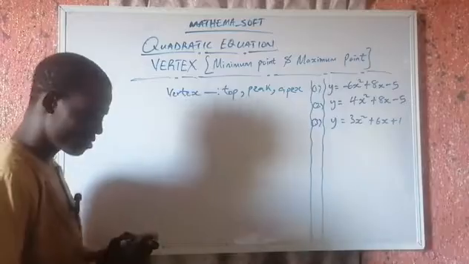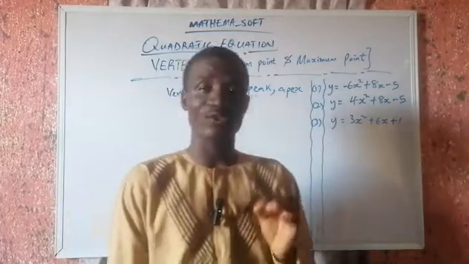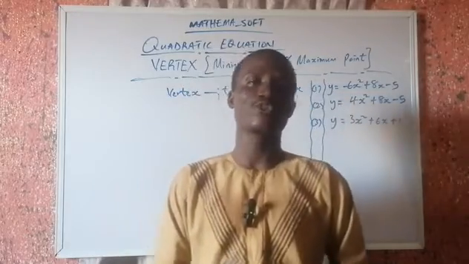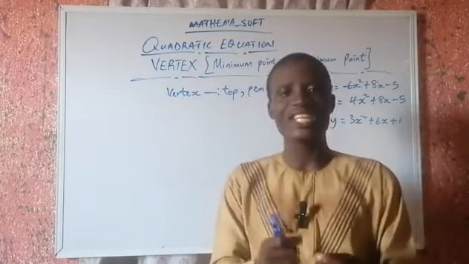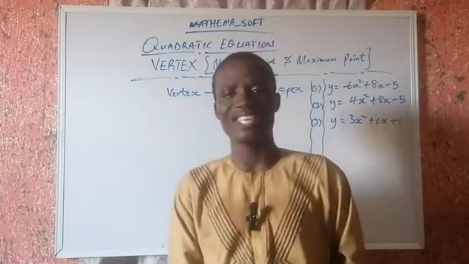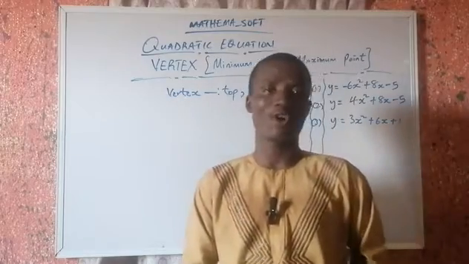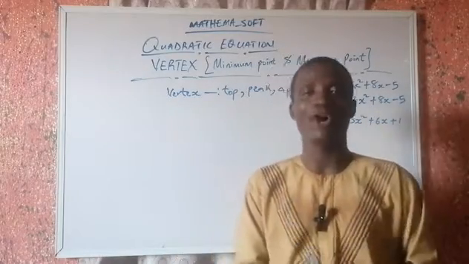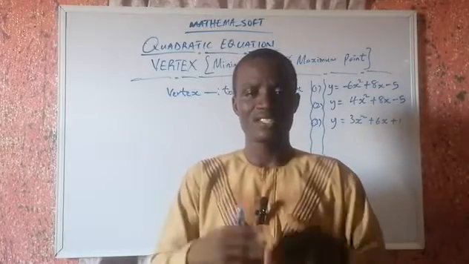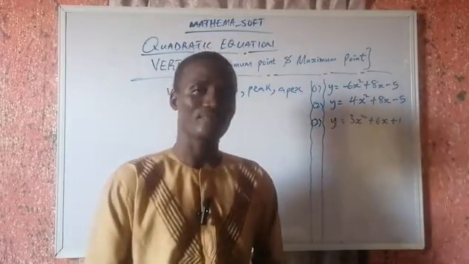So in other words, when we say the vertex of a quadratic equation or a quadratic curve, we are simply referring to the coordinates of the topmost point of a quadratic curve, or the peak point, or the apex point of a quadratic curve. This is what we mean by vertex of a quadratic equation.